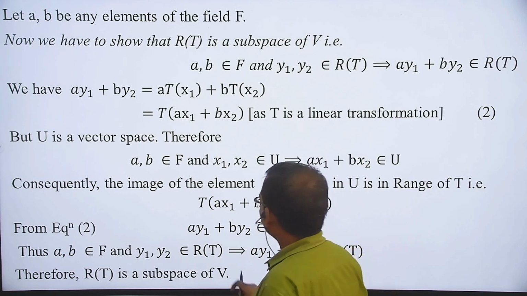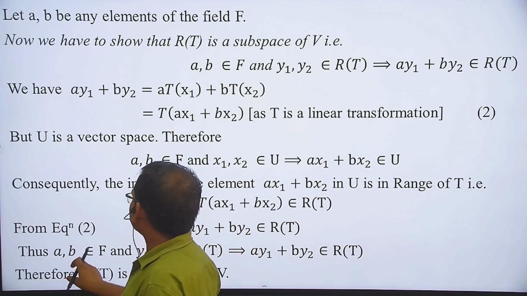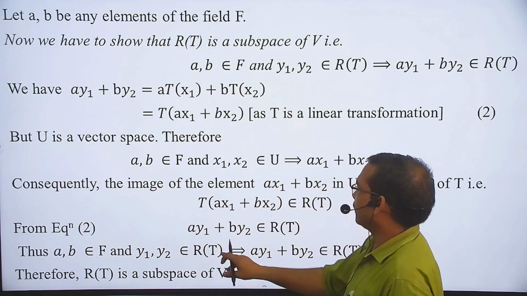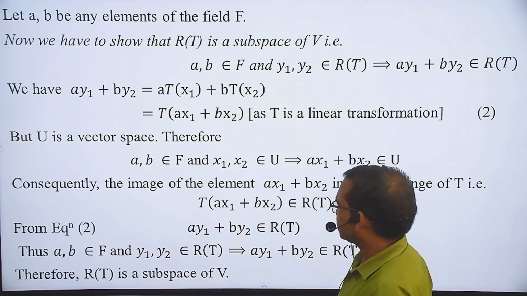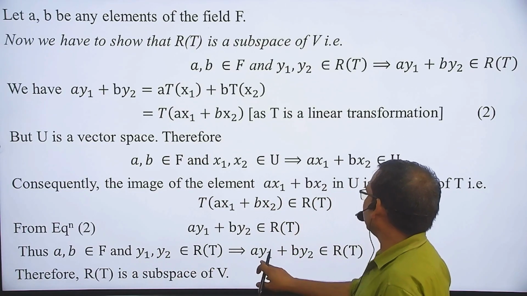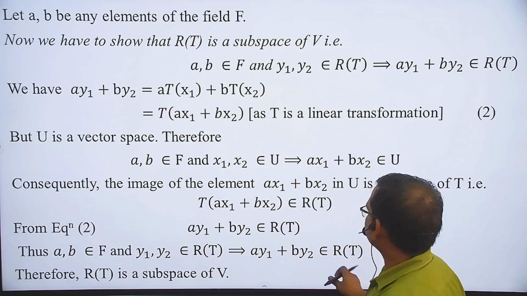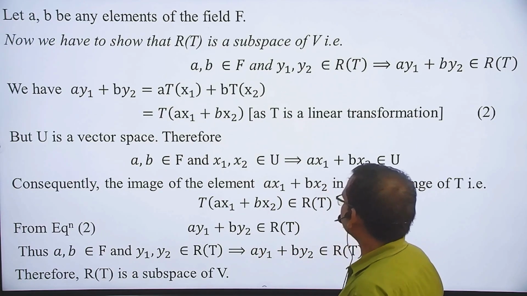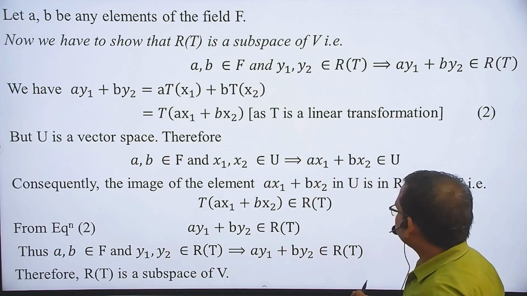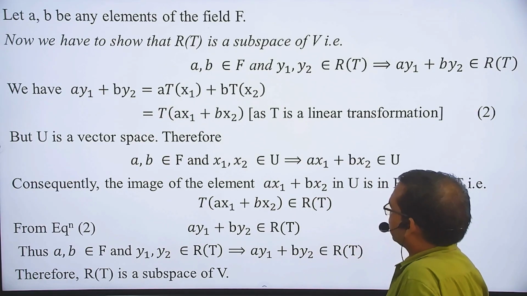Thus we get, since a and b are field elements and y1, y2 are elements of the range space, their linear combination a y1 plus b y2 belongs to the range space, and this is the condition for a vector space to be a subspace of a given vector space.